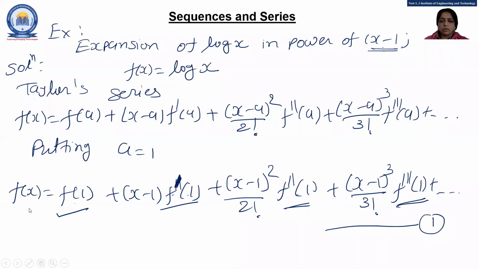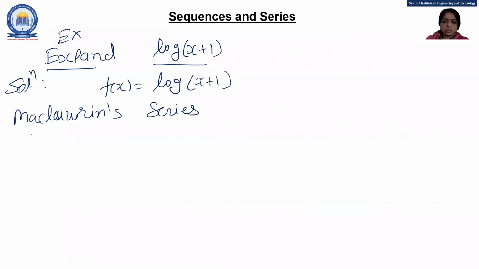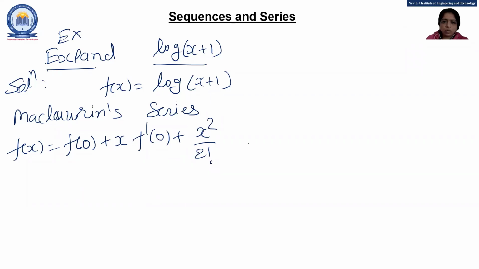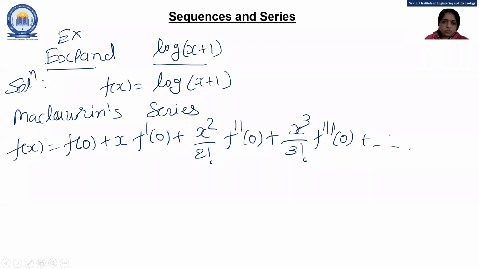So here we'll write the Maclaurin series: f of x is f0 plus x f dash 0 plus x square by 2 factorial f double dash 0 plus x cube by 3 factorial f triple dash 0, like this, right? So we'll find the values of f0, f dash 0, f double dash 0, f triple dash 0, and we'll put them in this equation 1. So let's start.